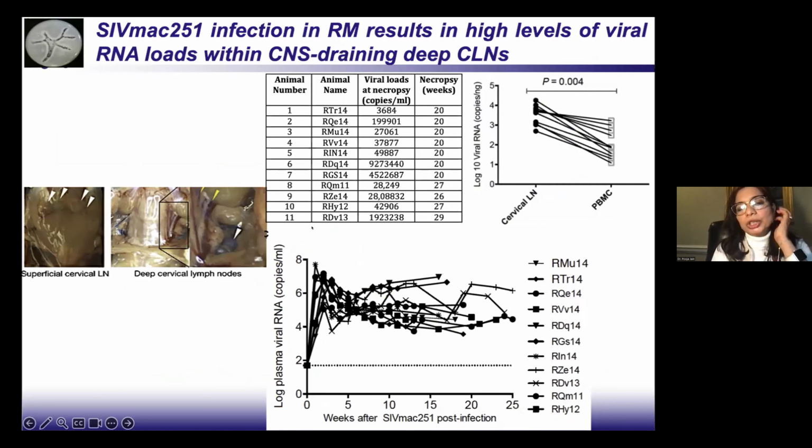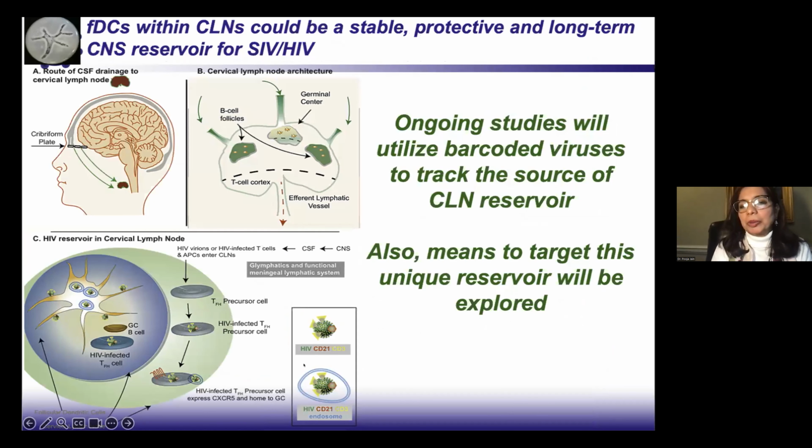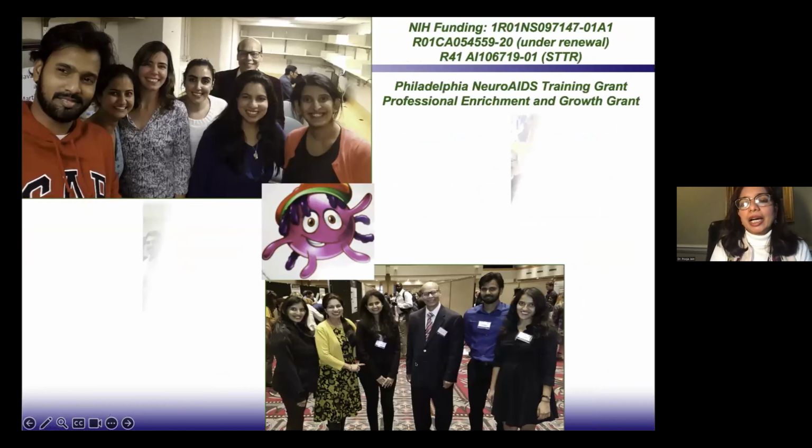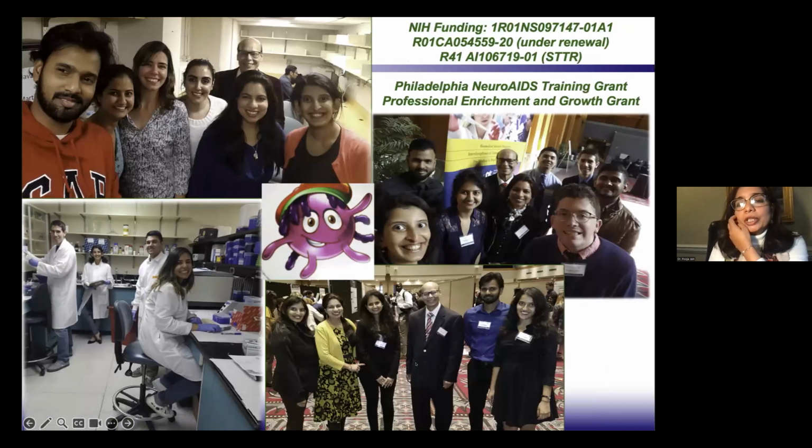We showed this using 11 different rhesus macaques, and provided the evidence of the virus reservoir being there. Again, all this work is published, feel free to look at it, but the point is that imaging studies can be very functional and they can highlight what's really happening.